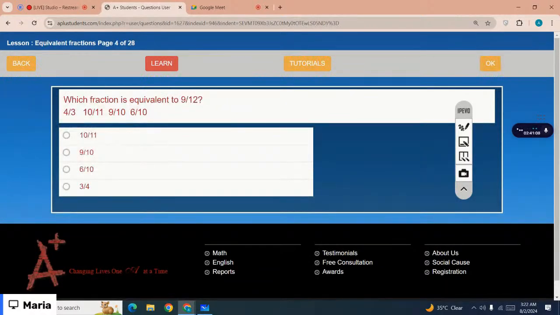Okay, which fraction is equivalent to 9 over 12? So which is the correct option?